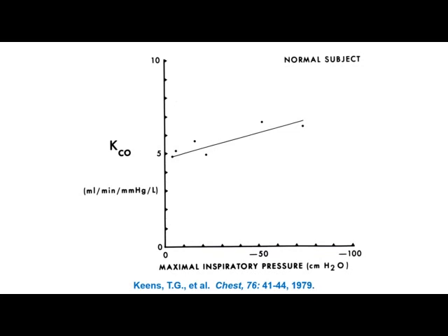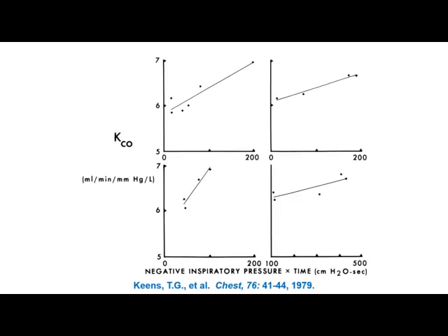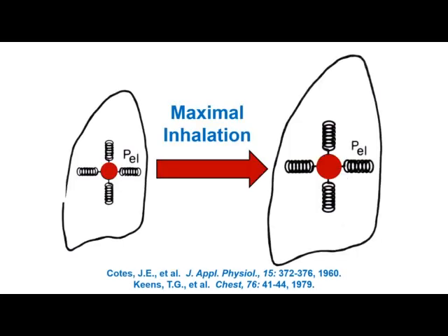This was in a normal subject. And this was in a group of asthmatics. The same thing: the more negative mouth pressure, in this case it's pressure times time, so the pressure times the time it was held, showed an increase in KCO the more negative the pressure. So what is happening here?